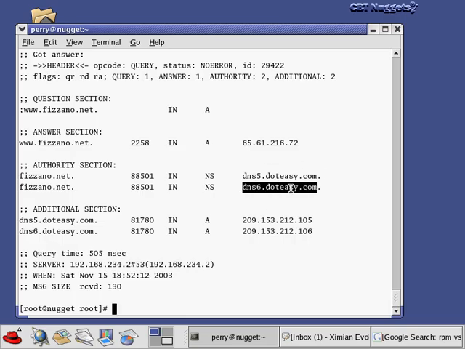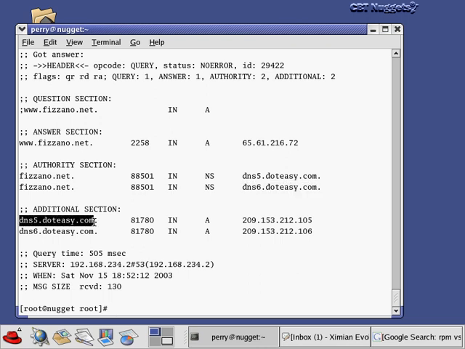They were the authorities for www.fasano.net. So it got out of those the name server. The name server field of fasano.net gave them the name servers that were valid for fasano.net, the authority. The additional section here just resolves those names back to numbers.